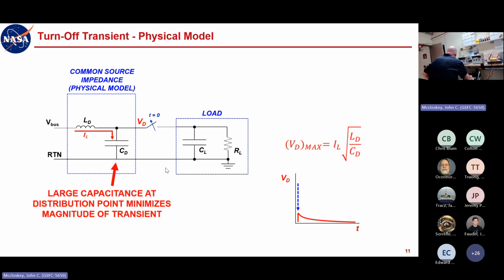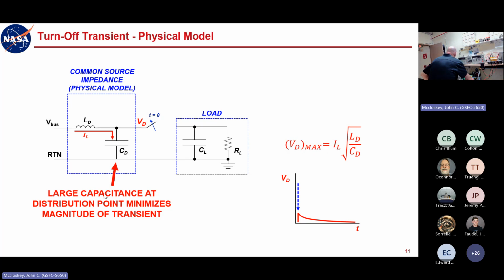Okay. But the thing to note here, what I think is beneficial for looking at it here, when you look at it in terms of actual capacitance as opposed to a Z naught and a Lisen, if you just look at the magnitude of V max, the maximum magnitude of V sub D, so just the maximum magnitude that your spike can reach, it's a function of your starting current, the steady state current before you throw the switch, times the square root of L over C. Well, if C is really large with respect to the inductance, that's going to knock down the maximum potential you can reach.